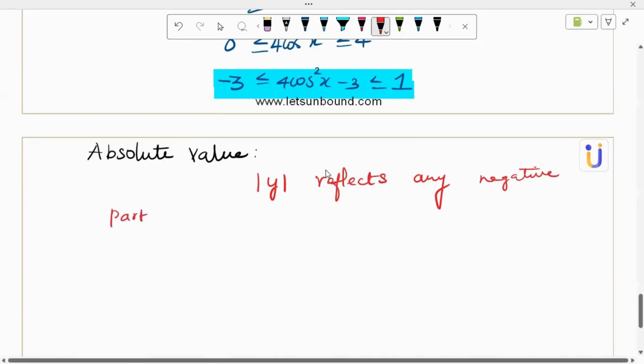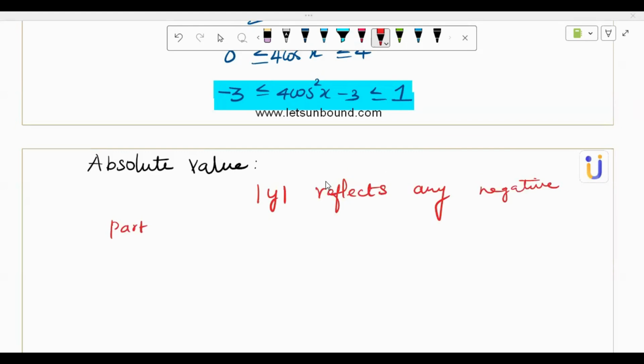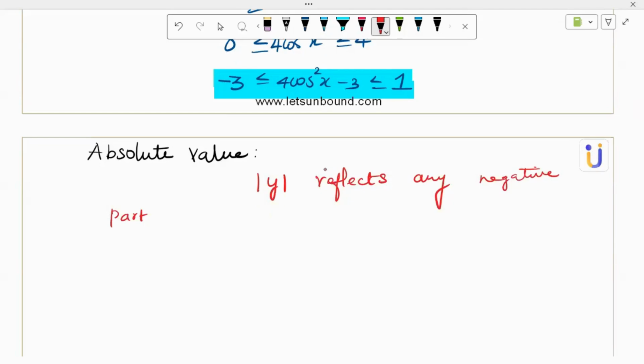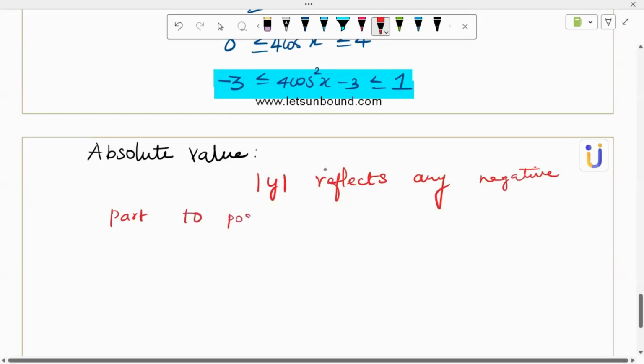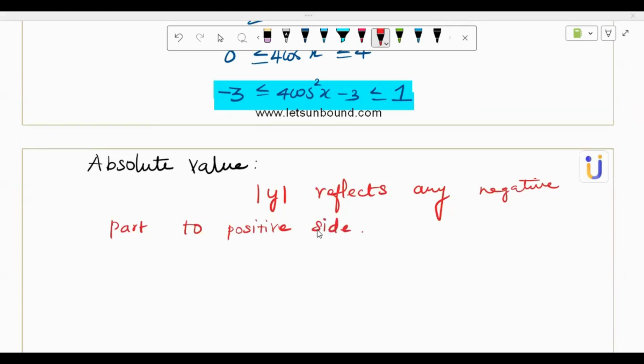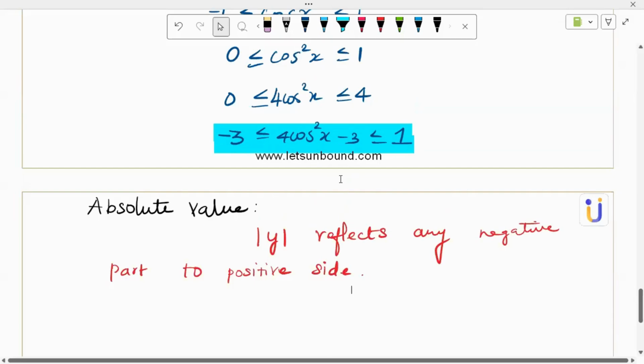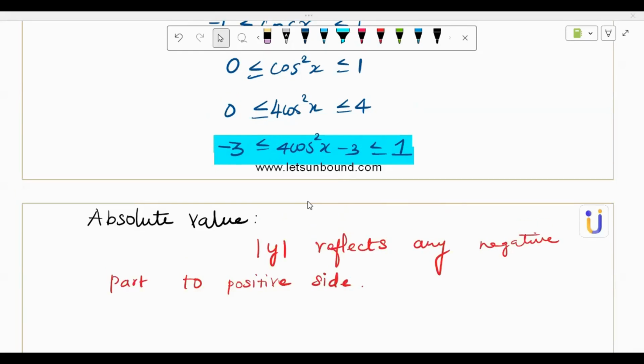So in y, it might have parts above the x-axis and below the x-axis. If any negative part is there, it will reflect it to the positive part. That is how the absolute value behaves. Okay. So 4 cos square x minus 3 is the basic function, but for the modulus of it, you graph the function completely, and the negative part, you just flip it over the x-axis.